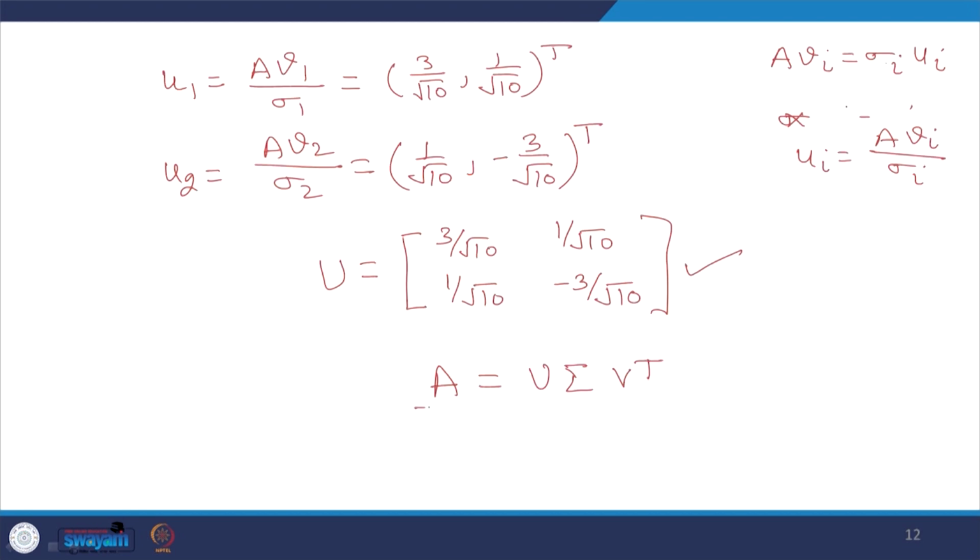In that way we have seen two examples: in the first we did the singular value decomposition of a square matrix, while in the second we saw it for a rectangular matrix. In the next lecture we will see certain applications and properties of singular values and how to use singular value decomposition for solving different problems.